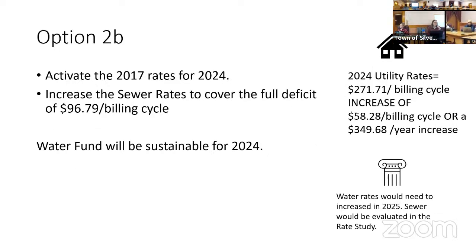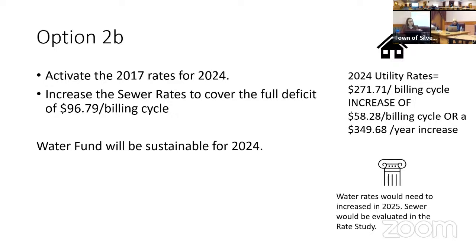Option 2B is to activate the 2017 rates for 2024 and increase the sewer rates to cover the full deficit of the $96.79 billing cycle. Water would be sustainable for 2024.